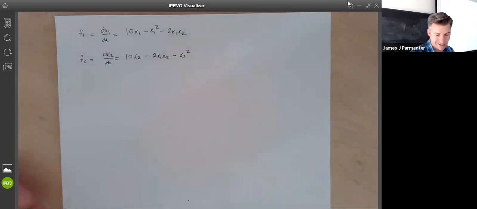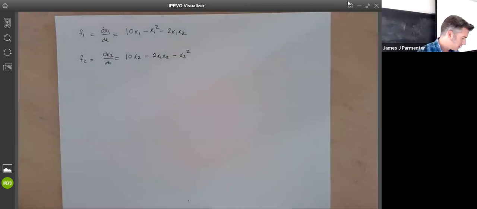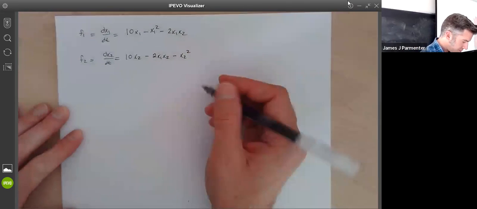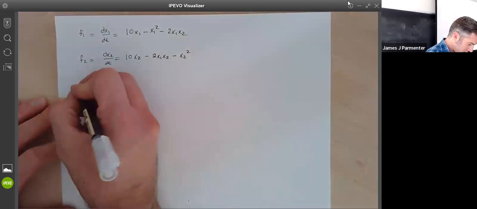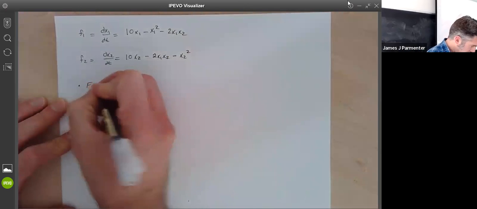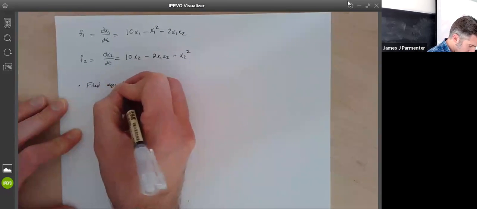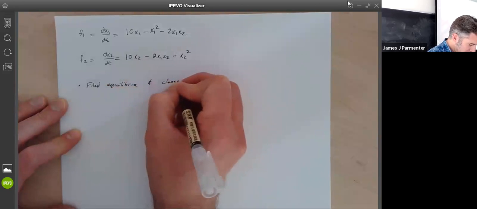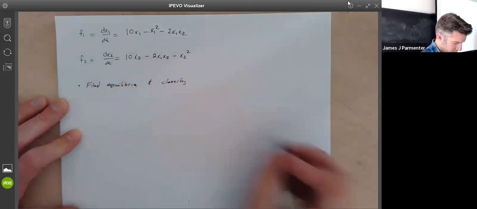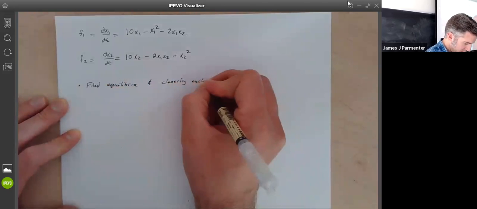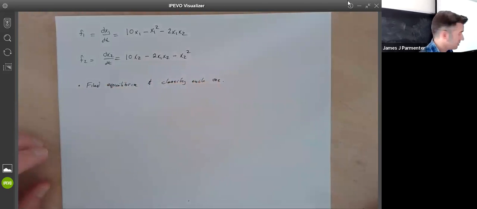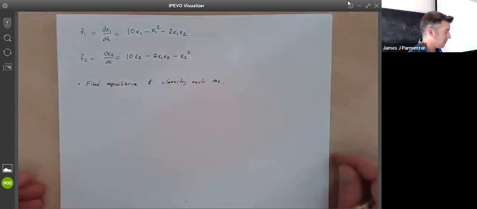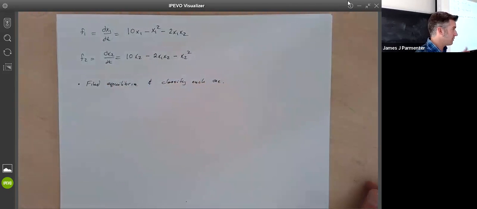We're going to set each of these equal to 0, find the equilibria and classify them, and we'll probably do some graphing as well. I'm also going to point out ahead of time, this one is going to end up having 4 different points of equilibria. So this looks a little complicated.